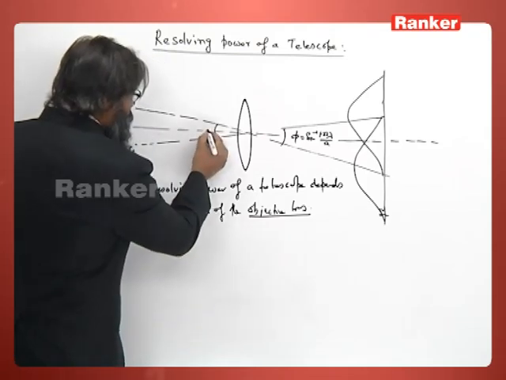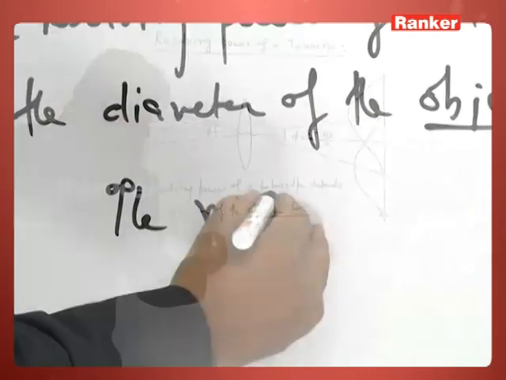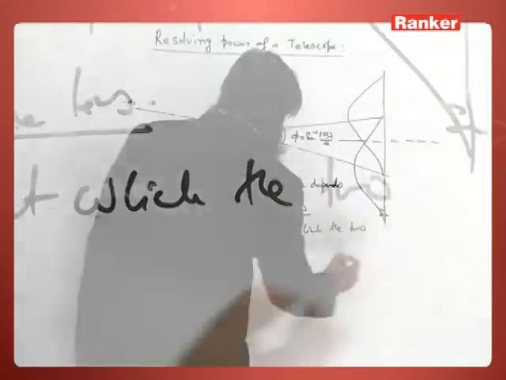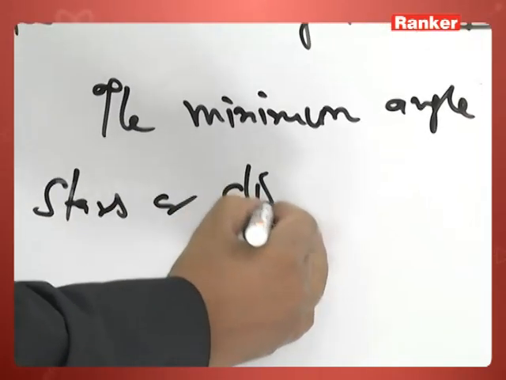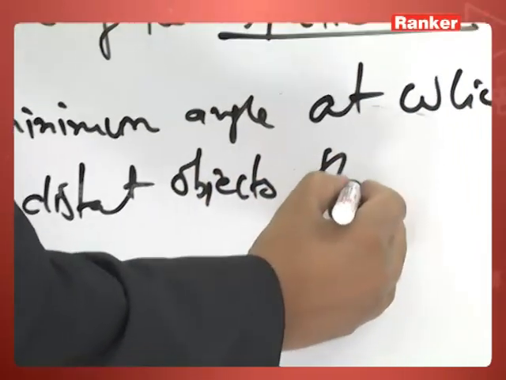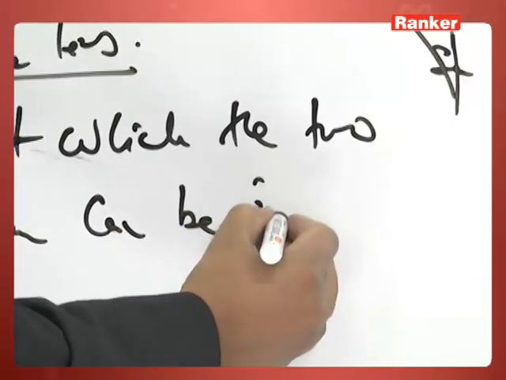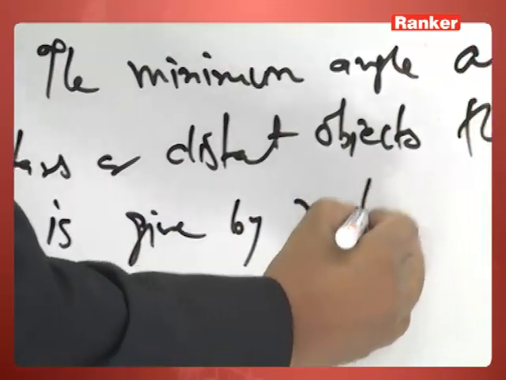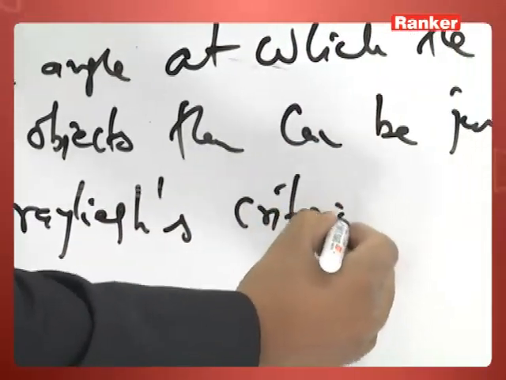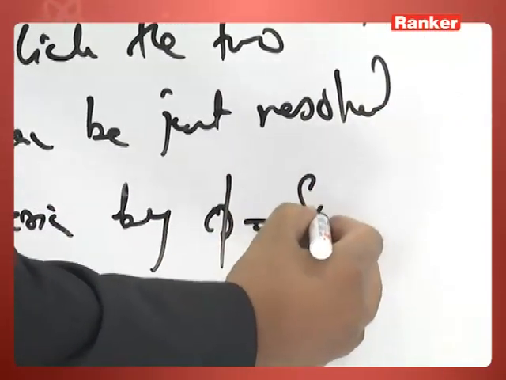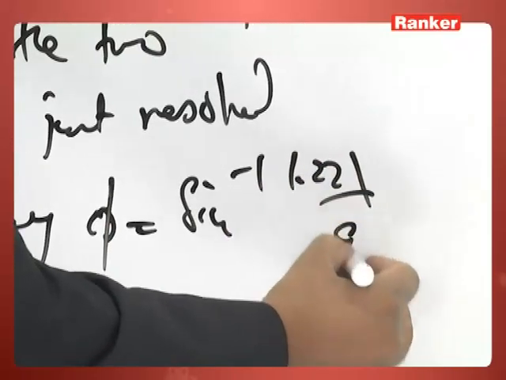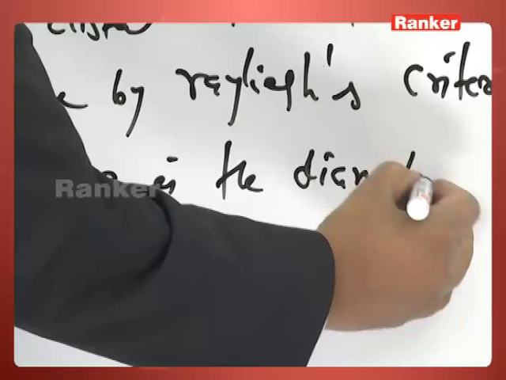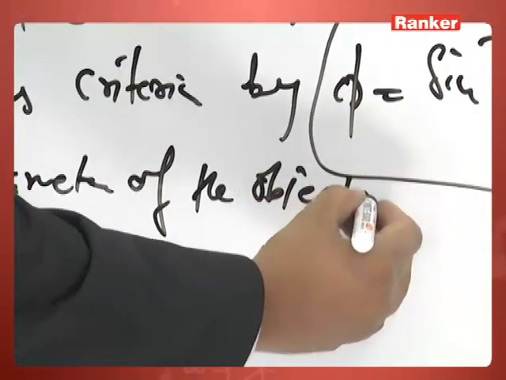How? You see, the minimum angle at which two stars or distant objects can be just resolved is given by Rayleigh's criterion, phi is equal to sine inverse 1.22 lambda by A, where A is the diameter of the objective lens.